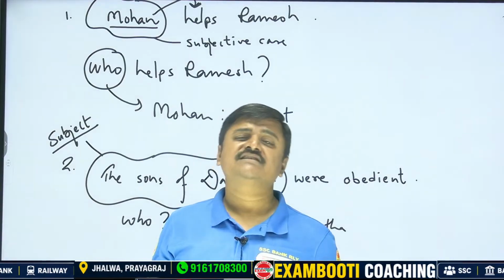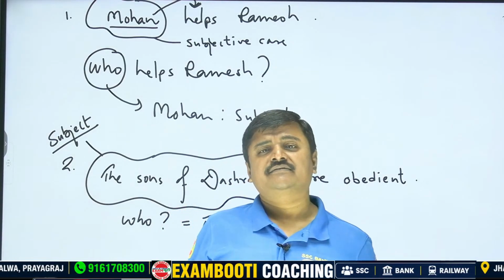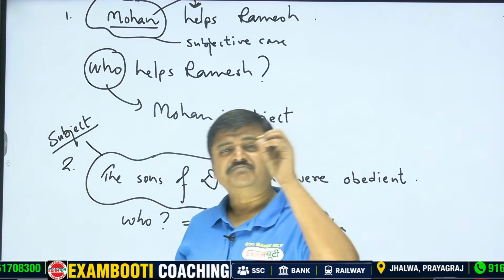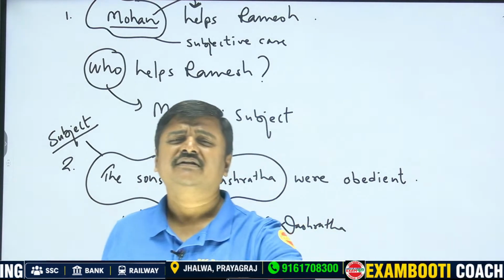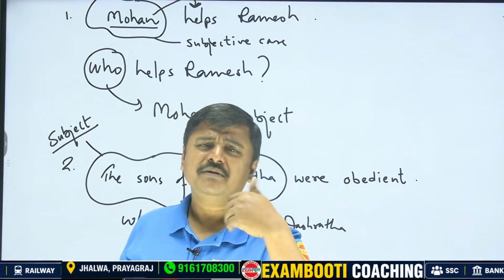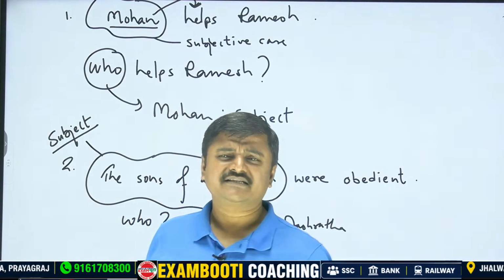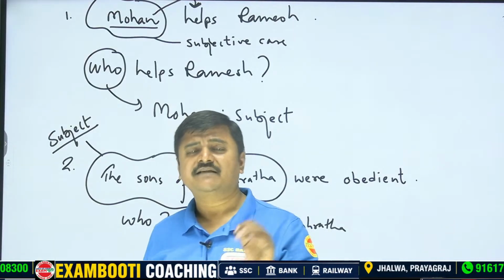Without noun, there is no chance. Subject and object places will be a noun. There may be a pronoun as well, but we are not discussing pronoun right now, so I'm exempting pronoun.